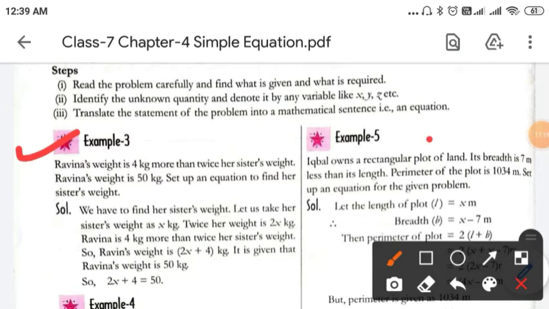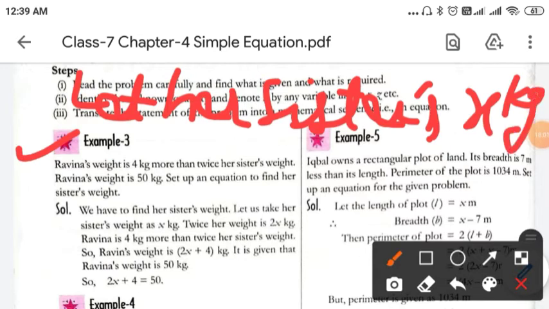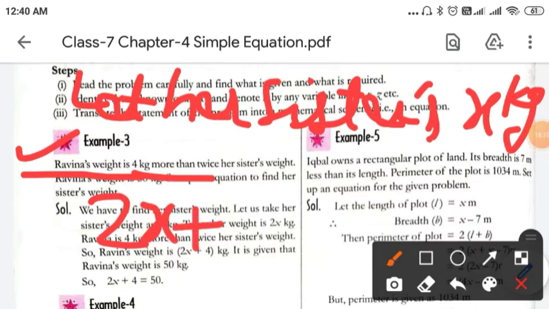So let us assume that her sister's weight is x kg. So it is given that Ravina's weight is 4 kg more than twice her sister's weight. So sister's weight is x, so twice means 2 into x, and Ravina's weight is 4 kg more, plus 4, and the actual weight of Ravina is also given, which is 50 kg.